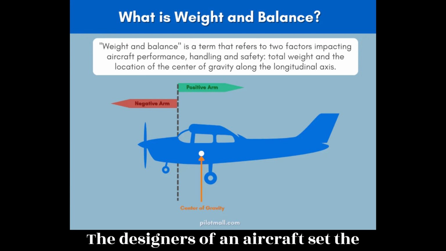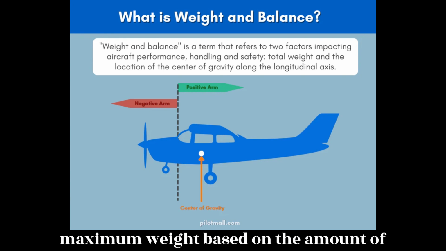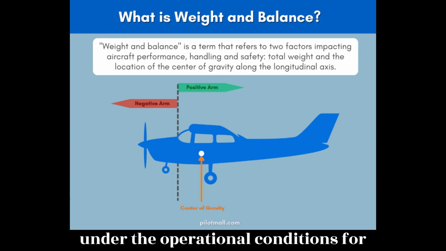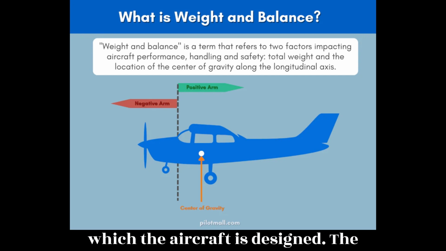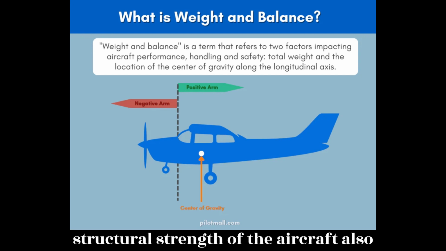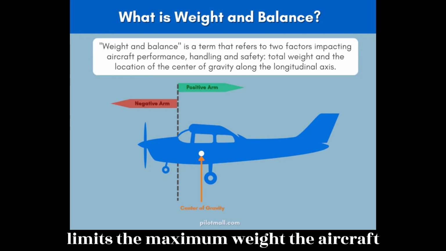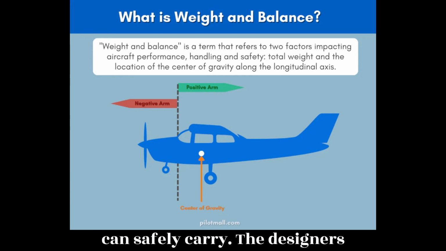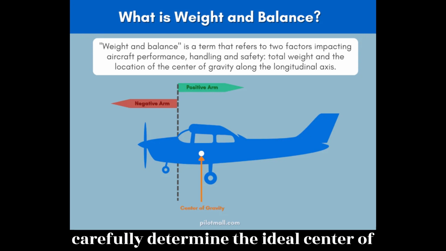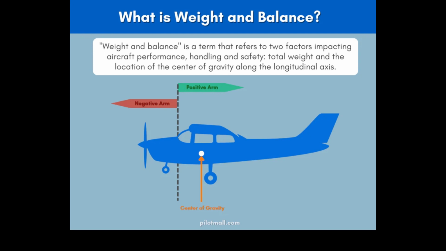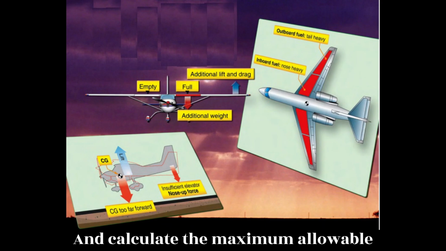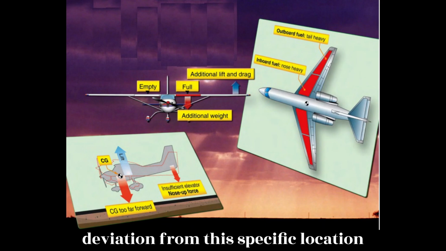The designers of an aircraft set the maximum weight based on the amount of lift the wings or rotors can provide under the operational conditions for which the aircraft is designed. The structural strength of the aircraft also limits the maximum weight the aircraft can safely carry. The designers carefully determine the ideal center of gravity, CG, and calculate the maximum allowable deviation from this specific location.